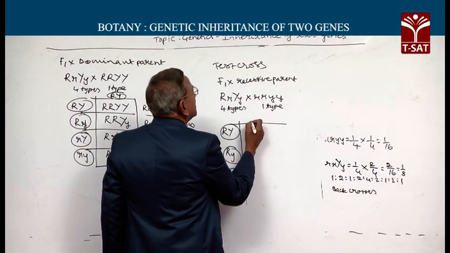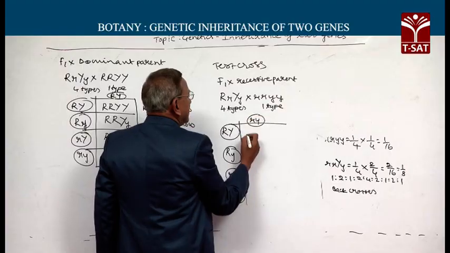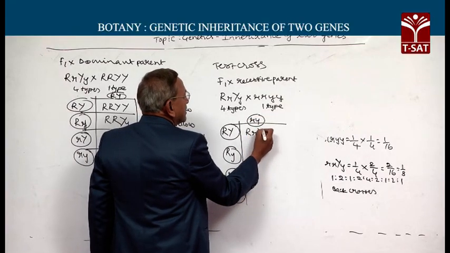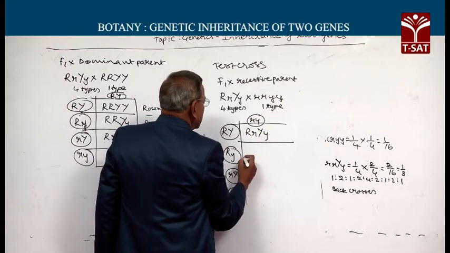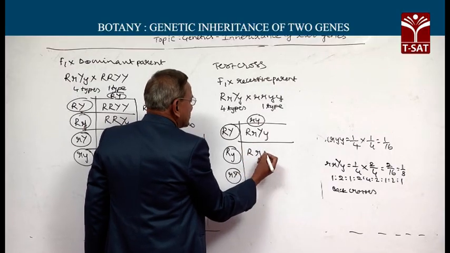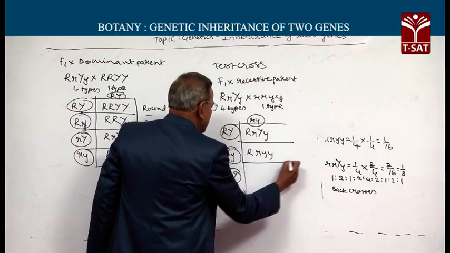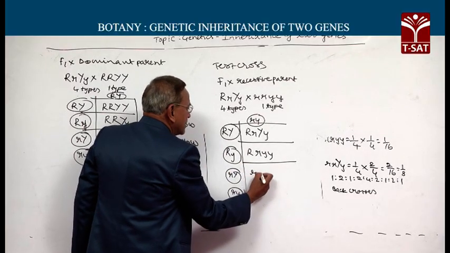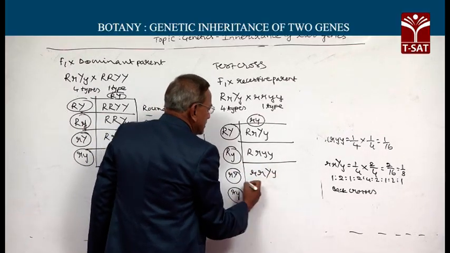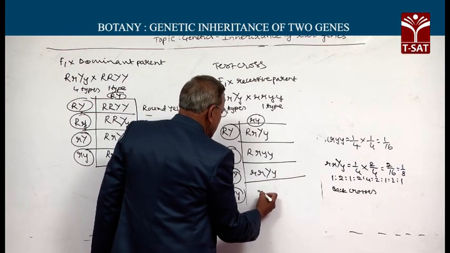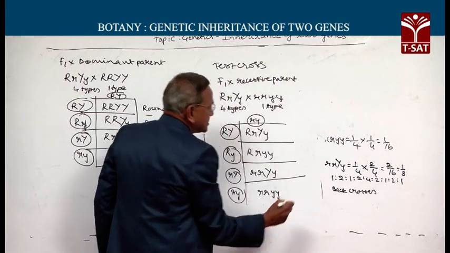So the progeny are capital R small r, capital Y small y; capital R small r, small y small y; small r small r, capital Y small y; and small r small r, small y small y.